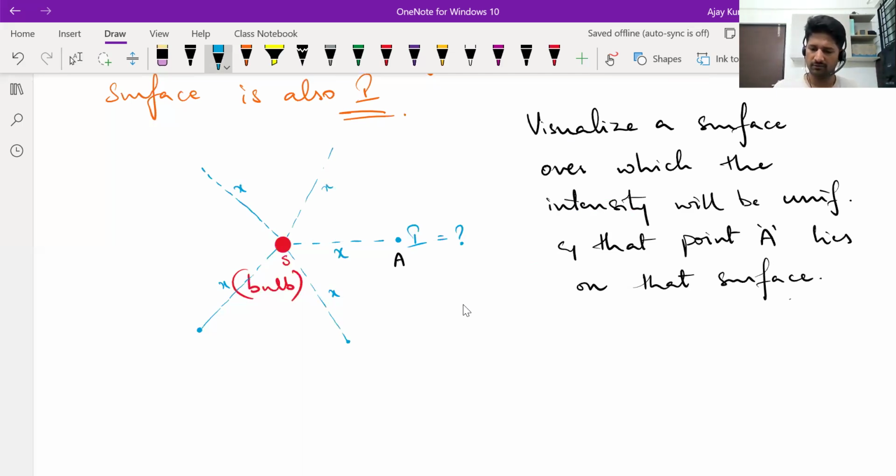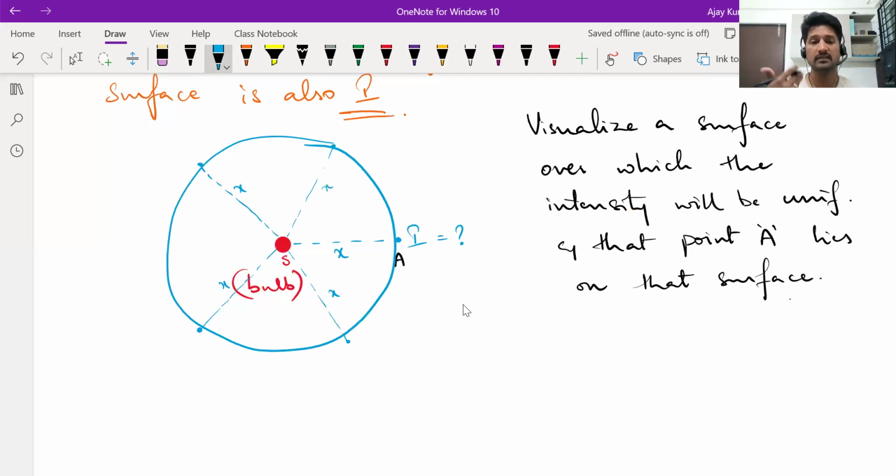Now in the plane of the screen, this looks like a circle, as Rishi is saying, but we have to think in 3 dimensions. The surface becomes a spherical surface.